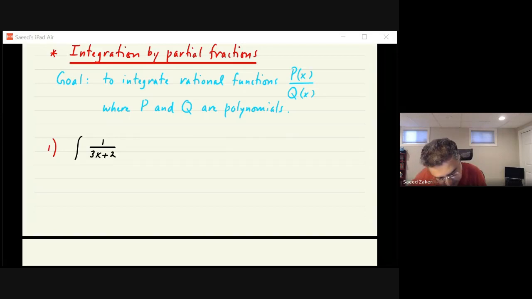Now, this is as simple as it gets. It's a rational function. The top is just a constant 1, and the bottom is a single linear term, 3x plus 2. So for this, I could have given you this problem 2, 3 lectures ago. Can you tell me what to do? What would you do if you had 1 over x?